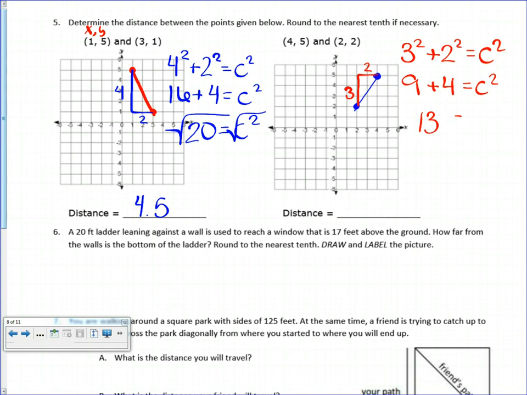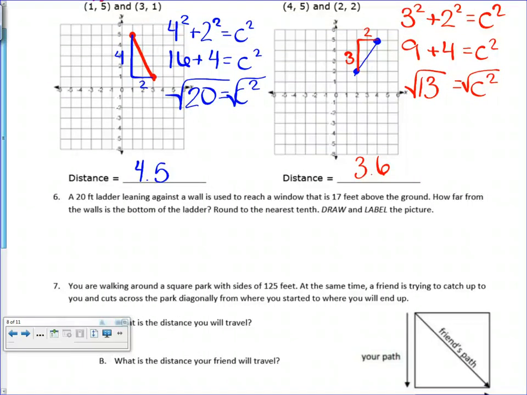So you get 13. And then you're going to do the square root of 13. Round to the nearest tenth is about 3.6. Remember, whenever you see Pythagorean theorem on a coordinate plane, you're always looking for the hypotenuse.